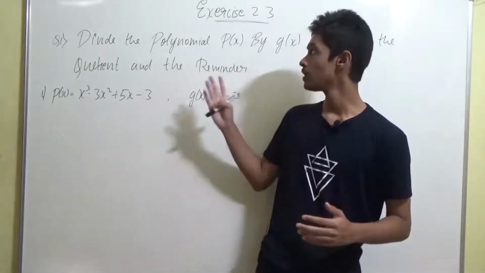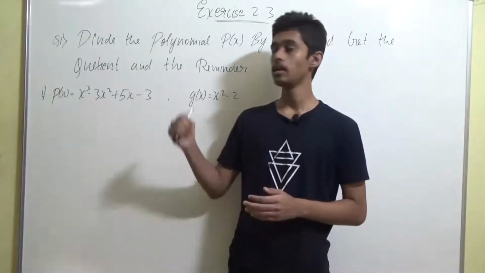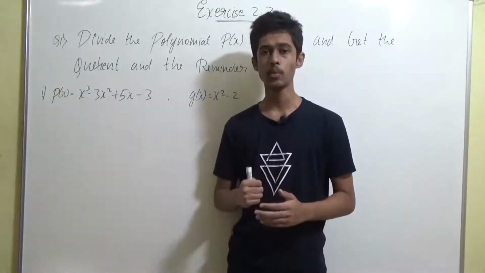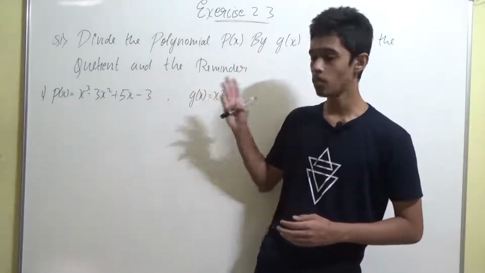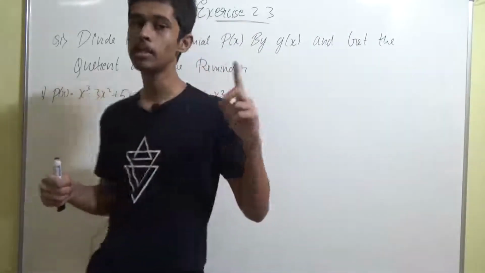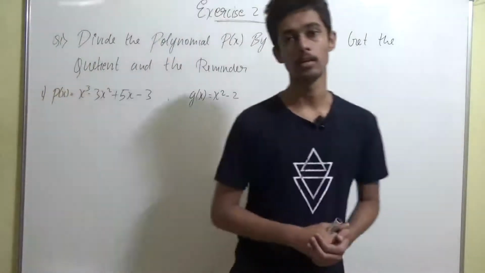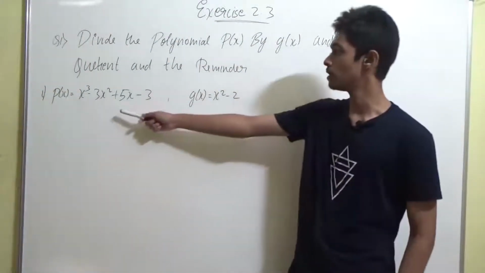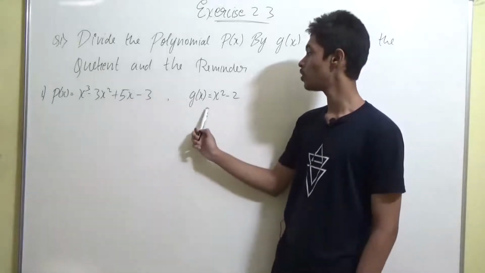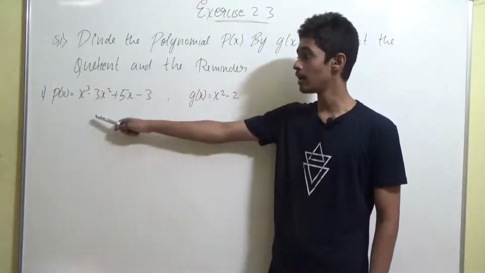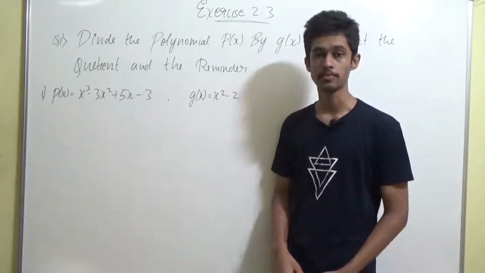Now let's go ahead to exercise 2.3, question number 1. The question says divide the polynomial p of x with the polynomial g of x to get the quotient and the remainder. So this is the polynomial p of x, guys, and this is the polynomial g of x. We have to divide p of x by g of x.